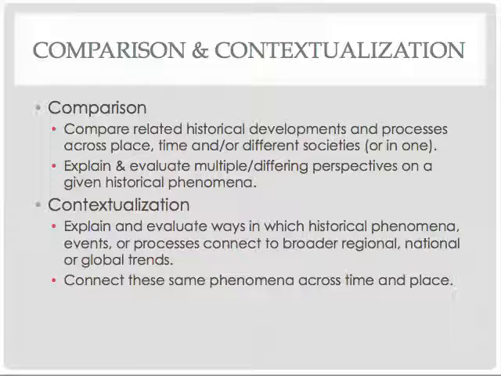What's the background to all that? How does that work? How does that fit? And then you can see how these same phenomena can connect across time and place. How that model of empire of the Mongol Empire influences other empires that will succeed it.